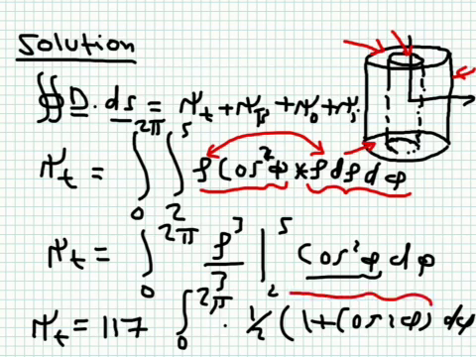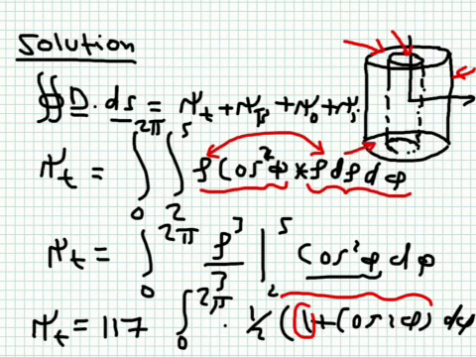The integral of cosine 2 phi will give you sine 2 phi, but because you're integrating from 0 to 2 pi, you get 0. The integral of the other one will give you phi. Phi from 0 to 2 pi will give you 2 pi. You divide by 2, you get pi. Then the answer becomes 117 pi for the top base, for the top disk here, the top surface.